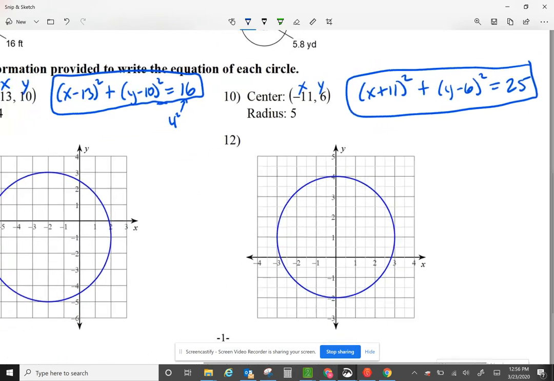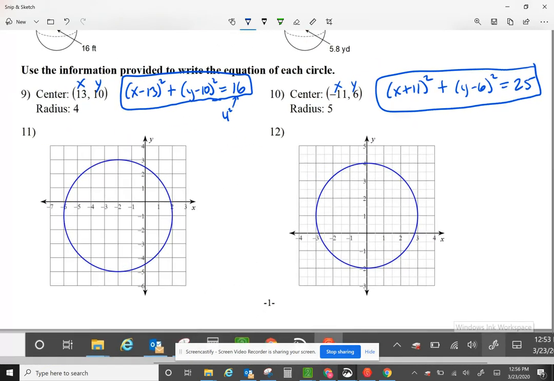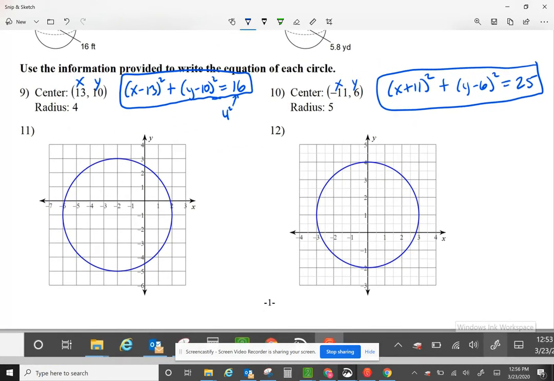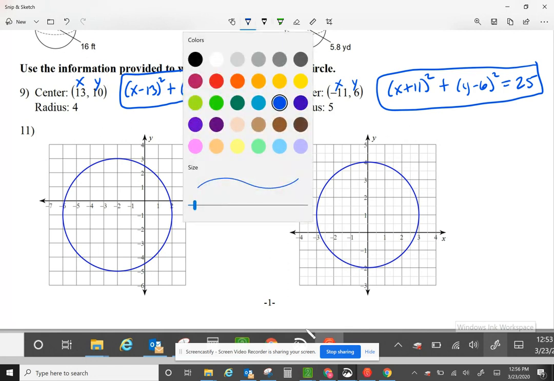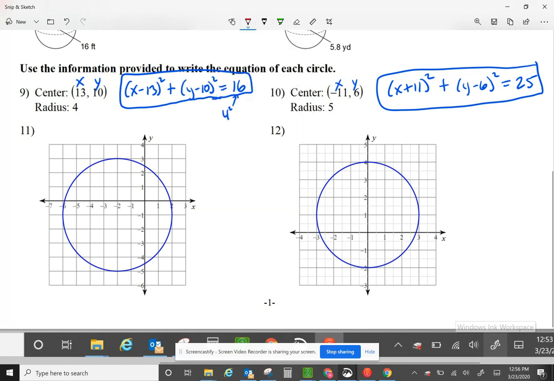Now let's take a look at number 11 and 12. I need to find the center of my circle. When I give you guys the graph, I make the center easy to find. I can see that the center is the point -2, -1. Now the radius in this case is 4.